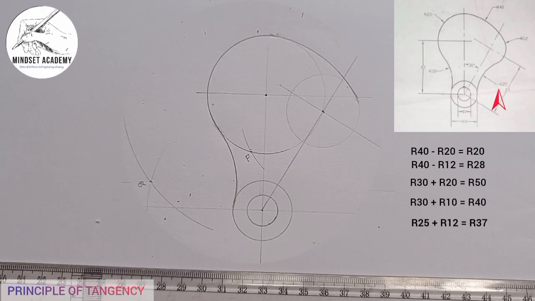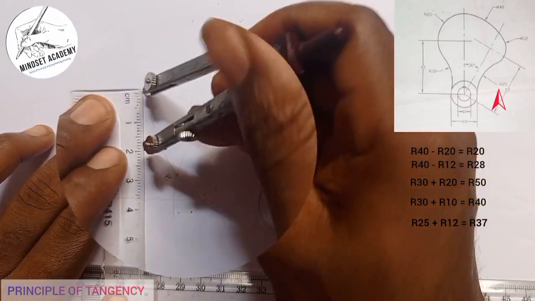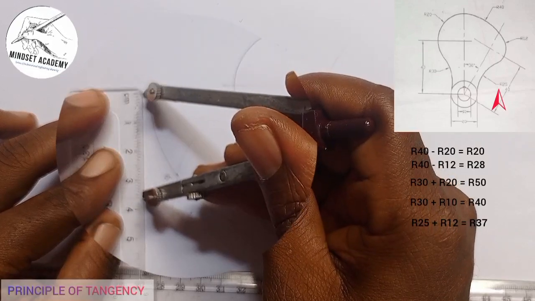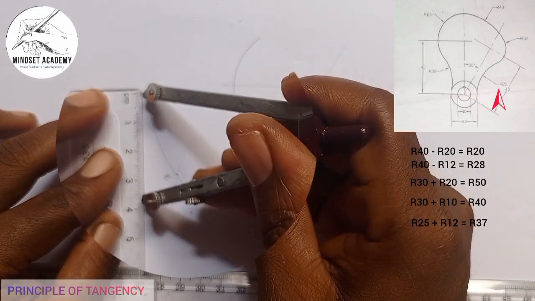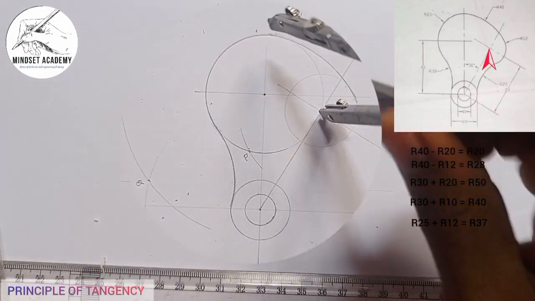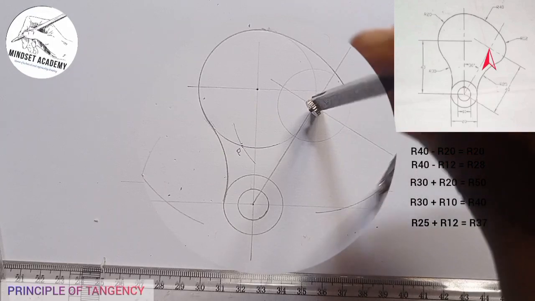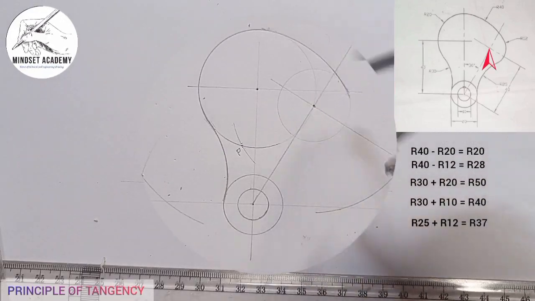R37. So I'm going to measure 37 on my meter rule this way, R37 from here to here, and I'll place it at this point. Since I'm considering this circle, I'm placing it at the center of the circle, and I'll strike an arc this way. You can see that.